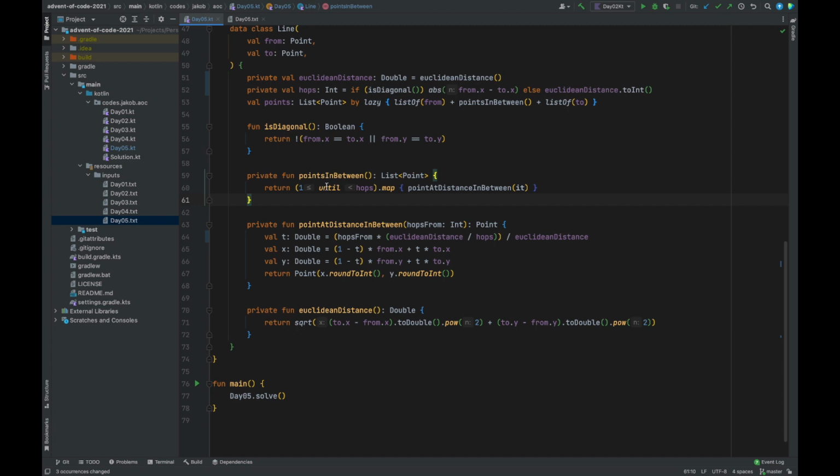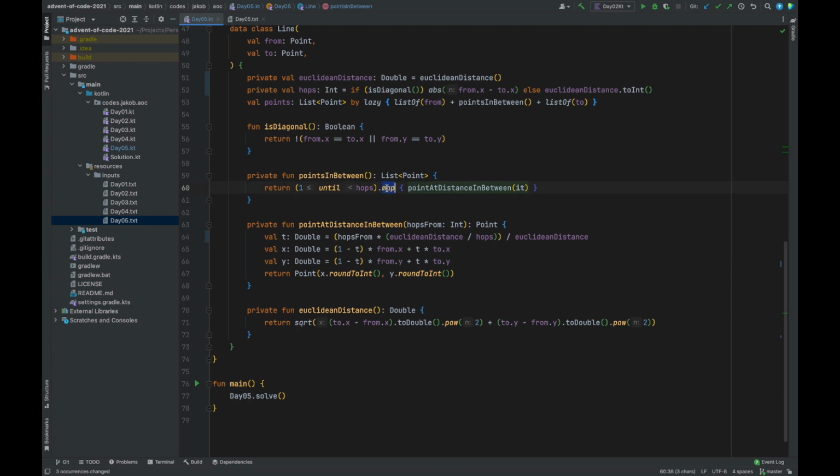You can see here, this is new in the latest IntelliJ version, pretty nice. You can see what this evaluates to: it's larger or equal to 1, this range that we would have here, but smaller than hops. So the actual numbers that we would have, let's say the hops are 3, then we would have just 1 and 2 in this expression right here, literally a range of 1 and 2.